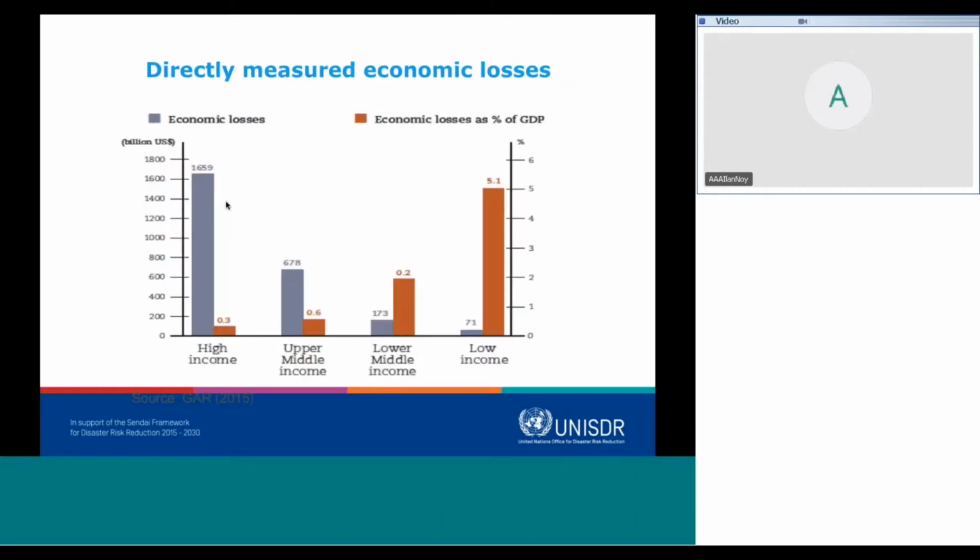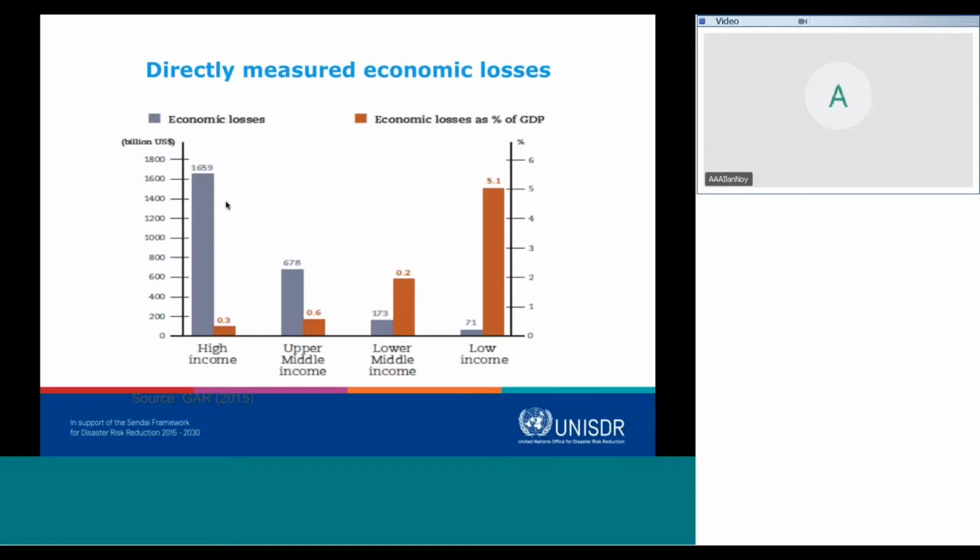And just in terms of the stocks, this is a tabulation that was done by UNISDR. And here you see that the stock of loss associated with disasters, by far most of it is in high-income countries. These are the, well, I believe they're gray. I'm not sure, but I'm colorblind. So forgive me if the color is wrong. But the color on the left, most of the loss is in high-income countries.